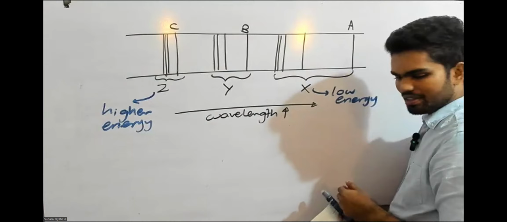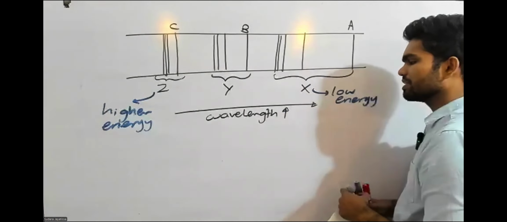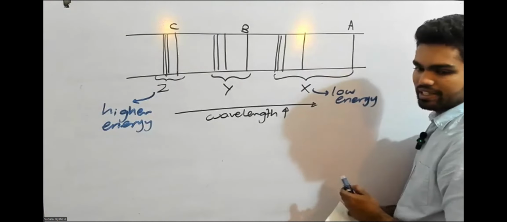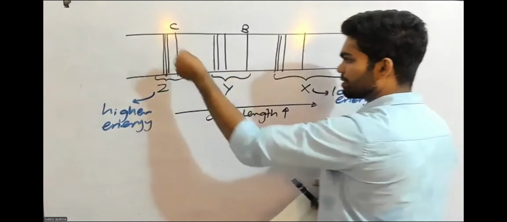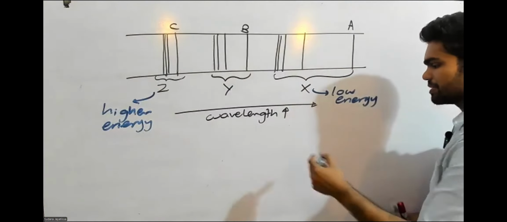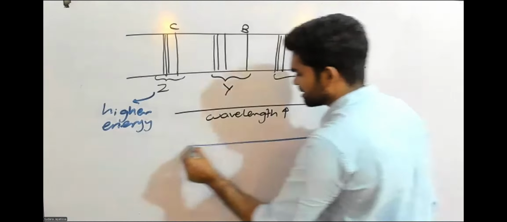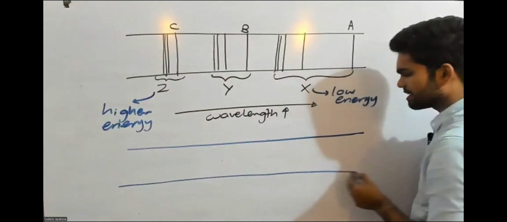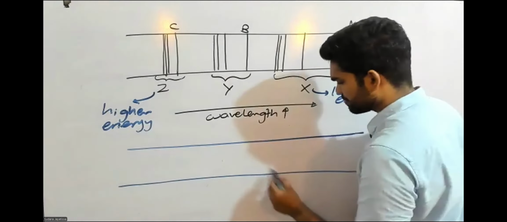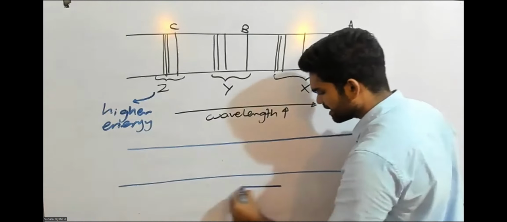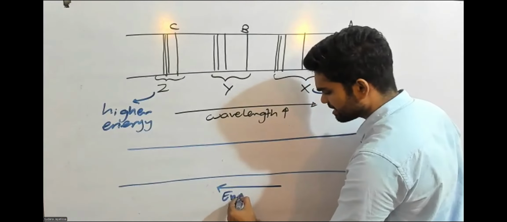But now we are drawing this according to wavelength. That's why the high energy series will have very close lines. So you can be given a similar one in your exams also.